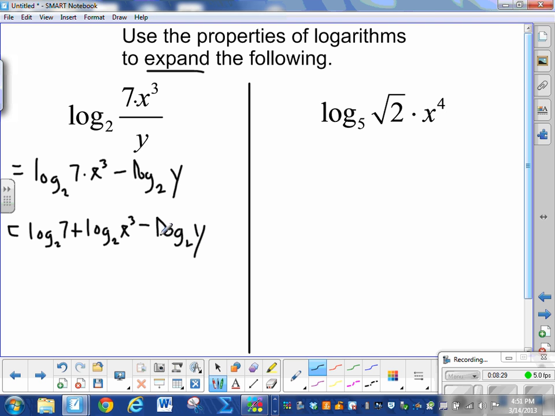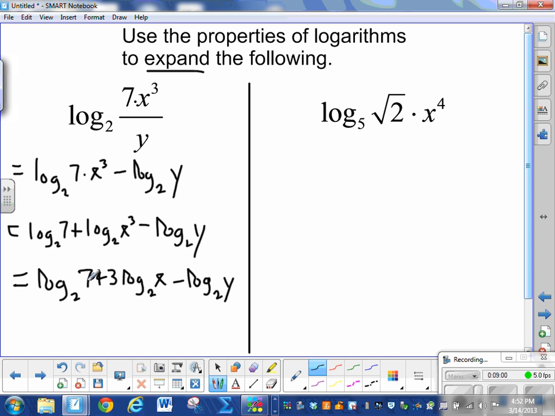Okay, so this one will be log base 2 of 7. This 3, using the exponent property, will come down to the front. So that's plus 3 log base 2 of x minus log base 2 of y.